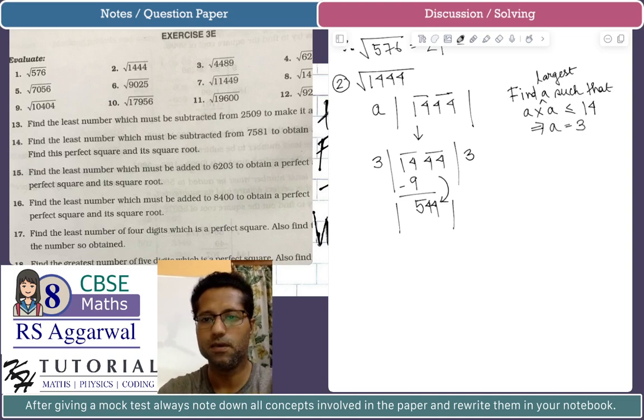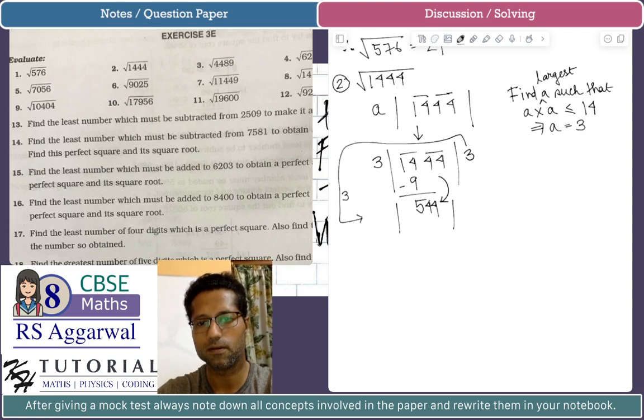The current quotient is 3, so I will multiply 2 with the current quotient, and it becomes 6.